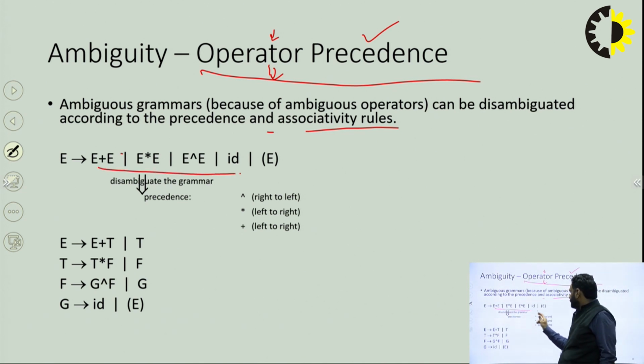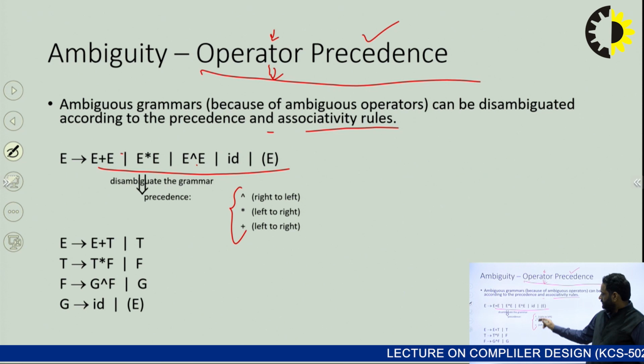In this grammar, we have a number of operators: plus, asterisk, and the power operator. So these are the three operators.